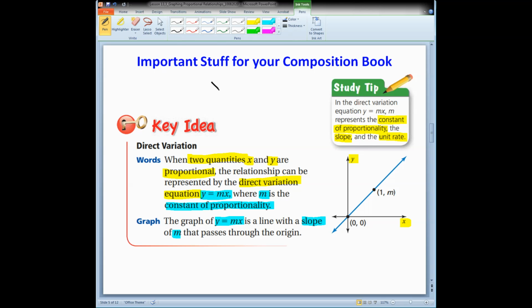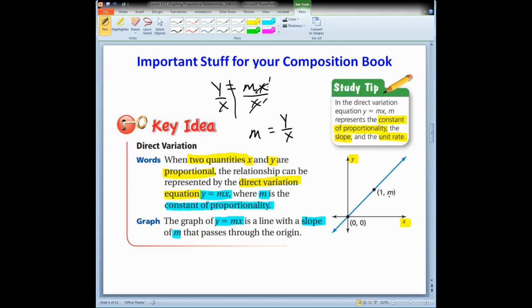So if I have this equation, y equals m times x, and I want to get m all by itself so I can say something about m, what do I do? I divide both sides by x, so the x's cancel, and I end up with m, the slope, equals y divided by x.